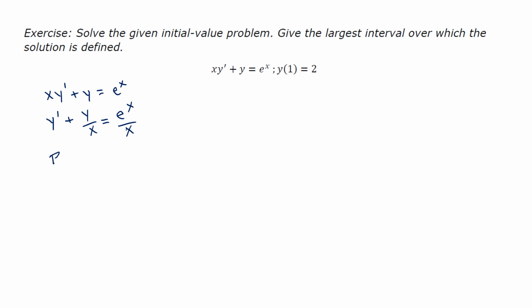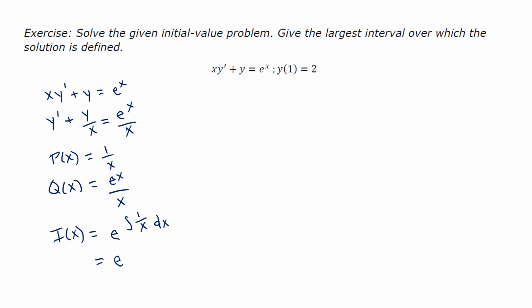So now we can identify our p of x, which is 1 over x, our q of x, which is e to the x over x. This then allows us to find our integrating factor, which is e to the integral of 1 over x dx, which equals e to the power the natural log of x, which then leaves us with the absolute value of x.